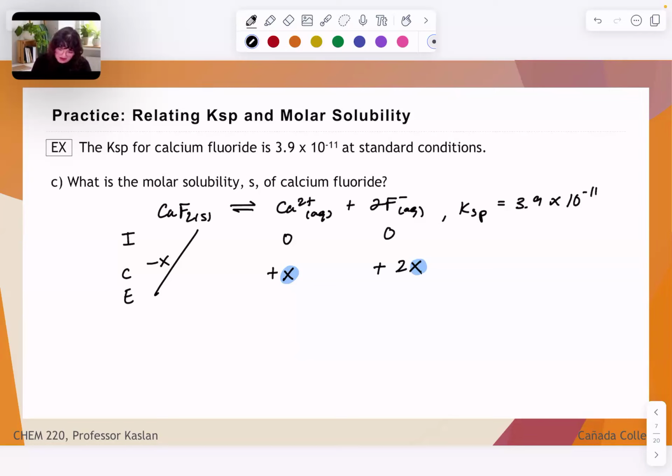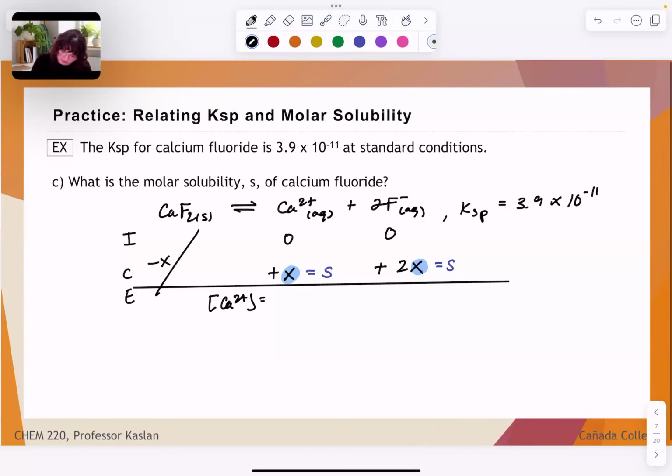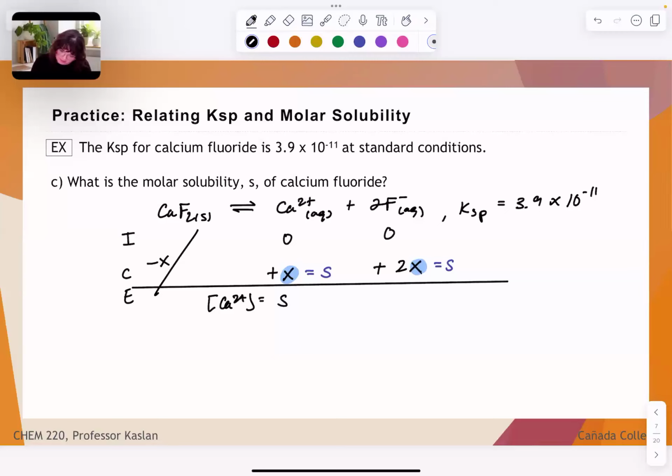So I'm actually going to replace that variable with the variable for molar solubility. That is the mathematical meaning in this context of what X is. So that means then at equilibrium, I have an equilibrium concentration of calcium ion equal to S, and an equilibrium concentration of fluoride ion equal to 2S.